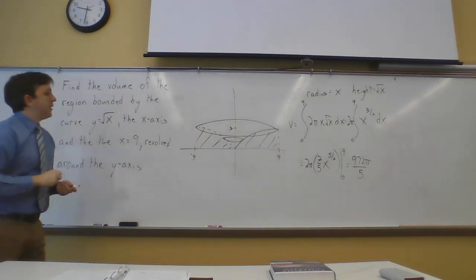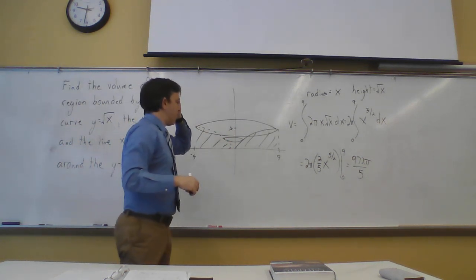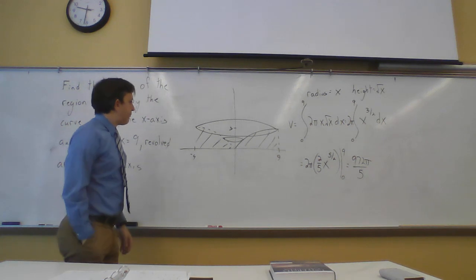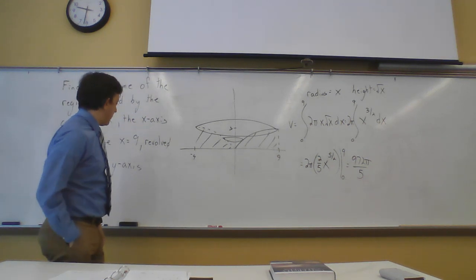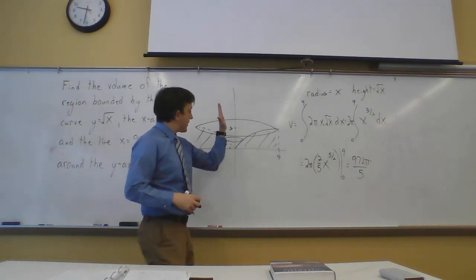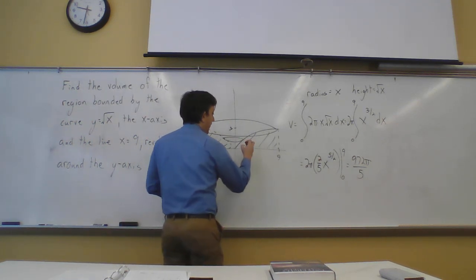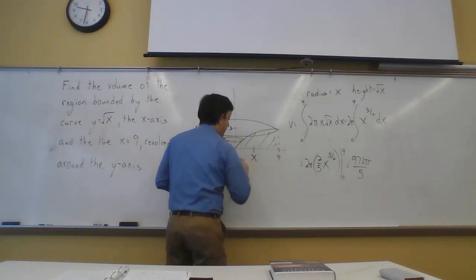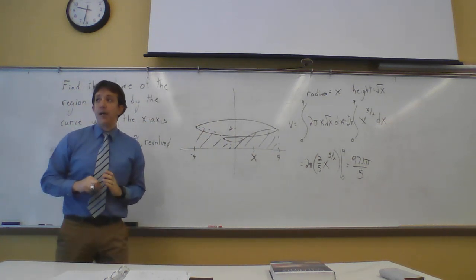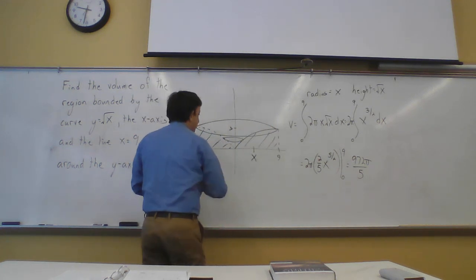We have this region being rotated, and we have this big weird donut shape, and that's what we're trying to find. Very importantly, since our axis of rotation is vertical, our radius is going to use x and not y, because we're going to build shells going out from this center.